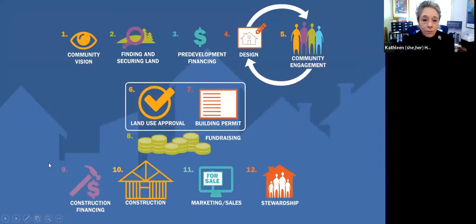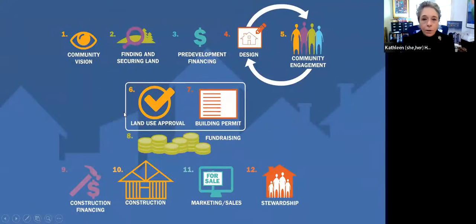what I'm showing on the slide right now is a process diagram of how we do affordable housing development. And I will send you these slides so you don't have to take notes, but it is a really detailed, methodical, sequential process that moves from A to B and has lots of different phases.